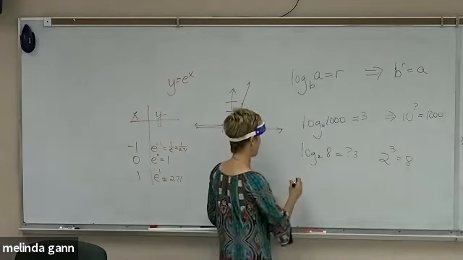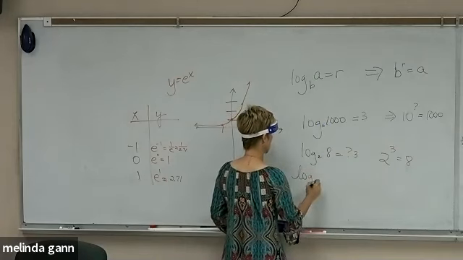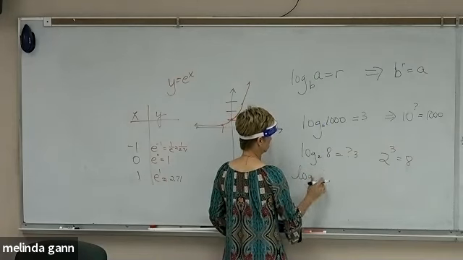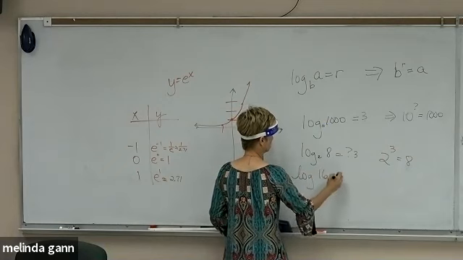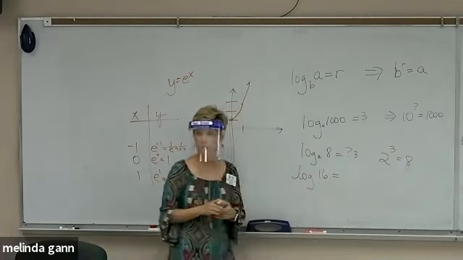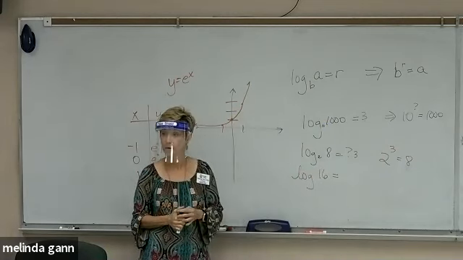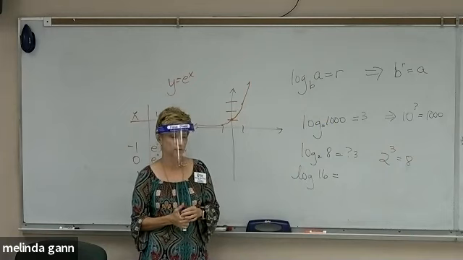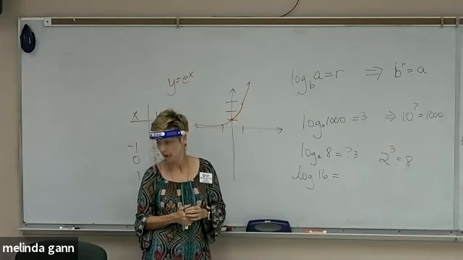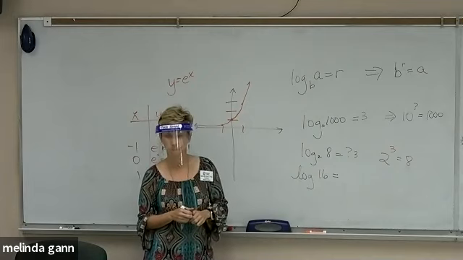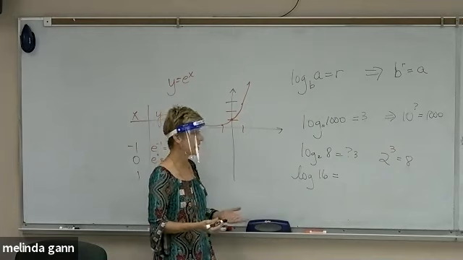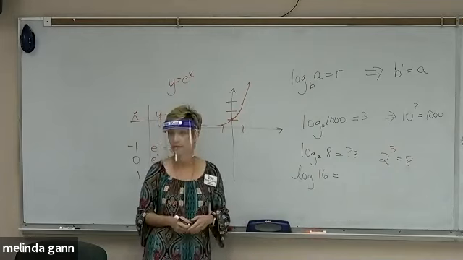Now, what would be the problem if I did this? Go ahead and pull your calculators out if you don't have them out, because again, this is the kind of thing they would stick on a standardized test.